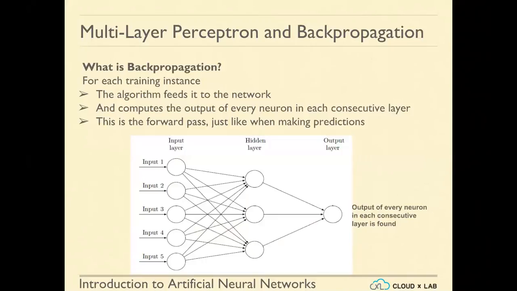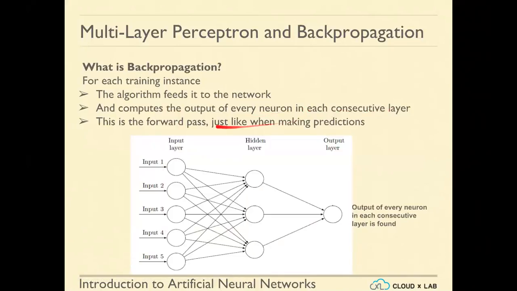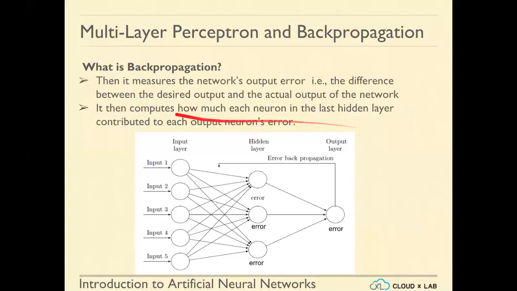All right. So what we learned so far is that for each training instance, the algorithm feeds it to the network and computes the output of every neuron in each consecutive layer. This is called the forward pass, just like when making predictions. Then it measures the network's output error, the difference between the desired output and the actual output.